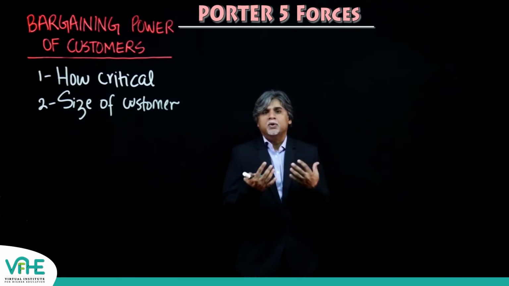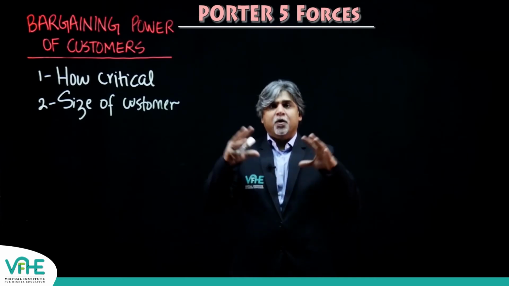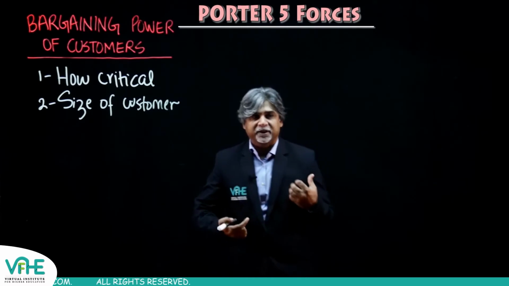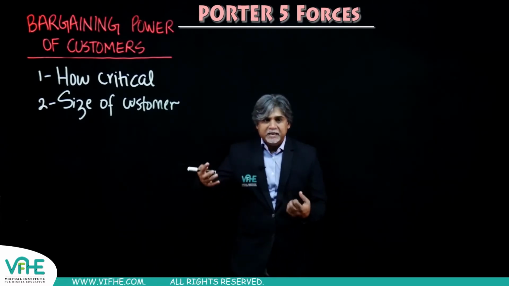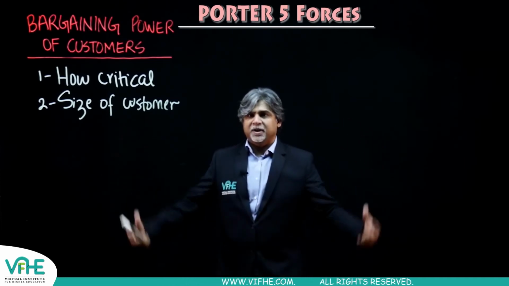Obviously, when we go out as customers and buy products, our volumes do matter. We can get volume discounts, we can exercise power, we can bargain hard if we want large volumes, right?